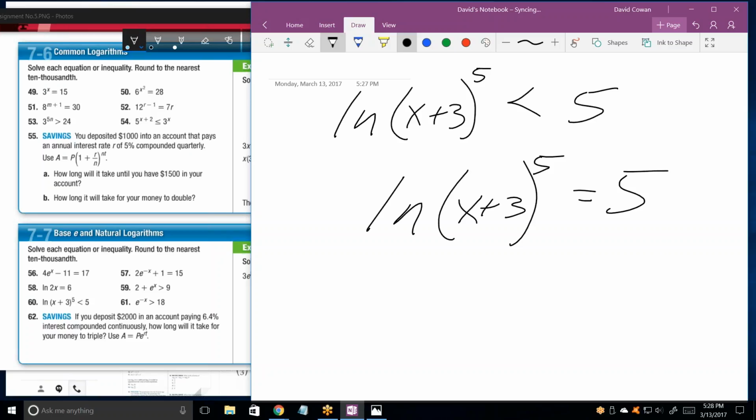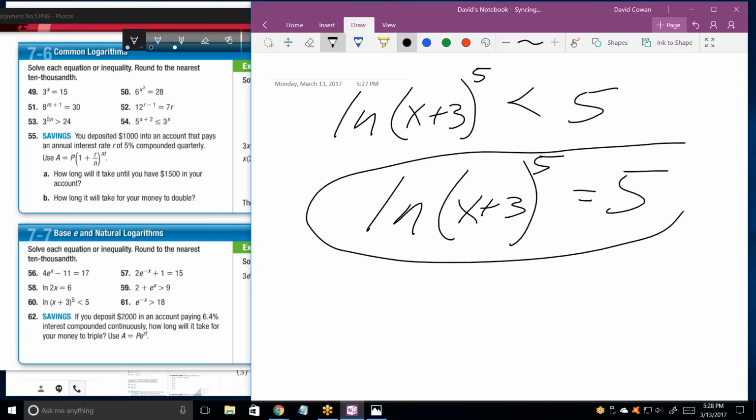Well, what is the exponential expression of that? It would be, hold on, it's the number on the far left, in other words, the base.